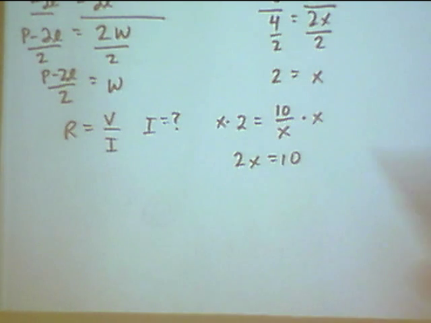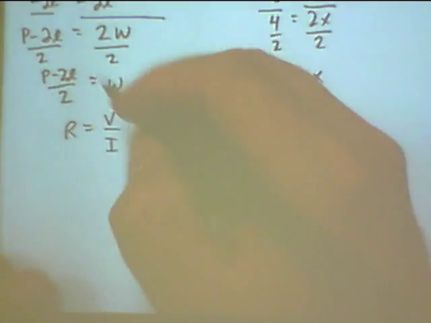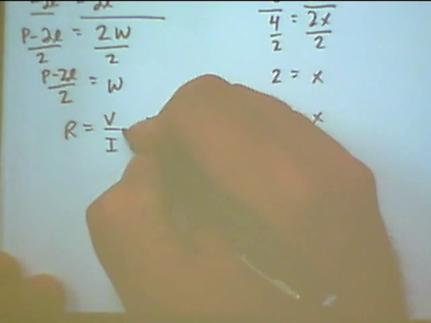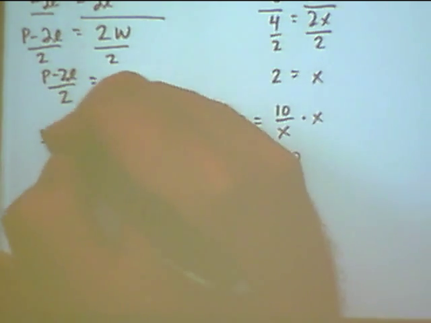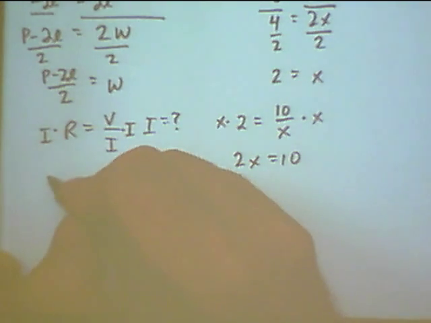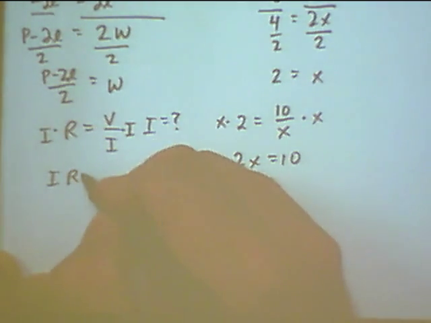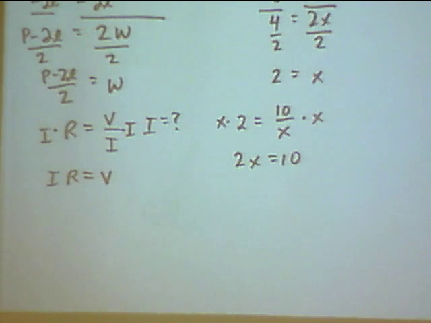Well, the same thing is true for my formula. I want to solve for I. Right now, I is in the denominator. If I want to move the I to the top, I multiply both sides by I. And then I have IR equals V. And now, for the 2x equals 10, if I want to solve for x, I have 2 times x.